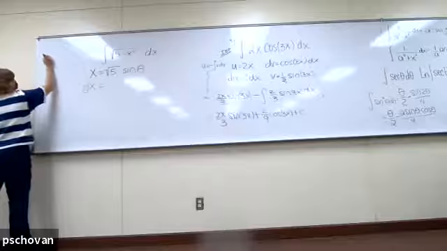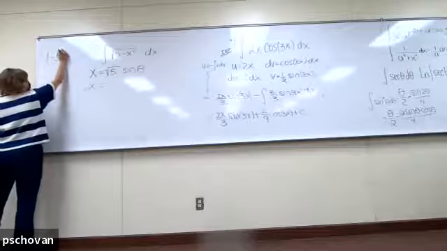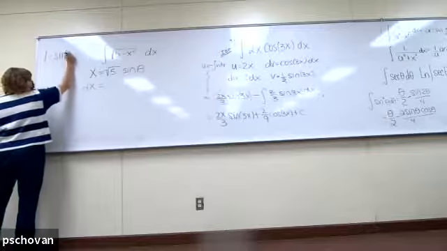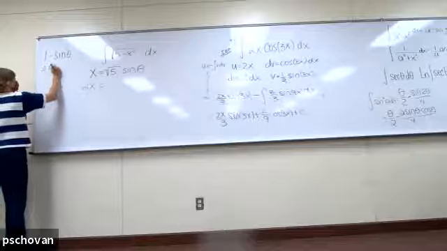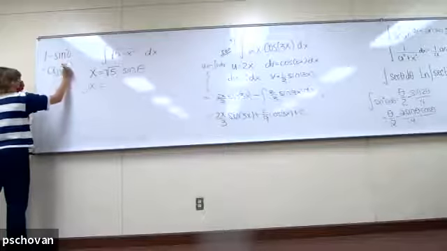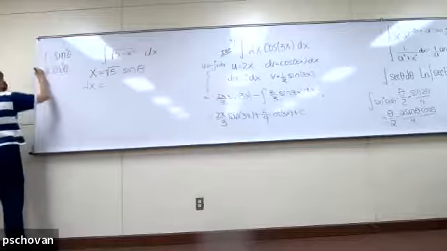Eventually, we're going to use the fact that 1 minus sine squared is cosine squared. And that's going to help us get rid of the square root sign.